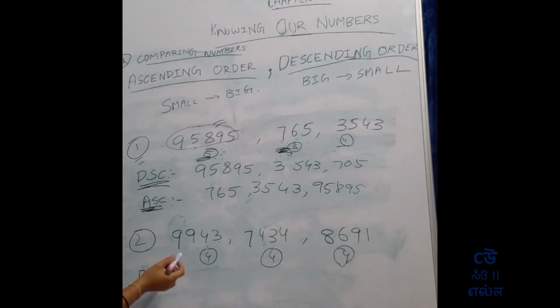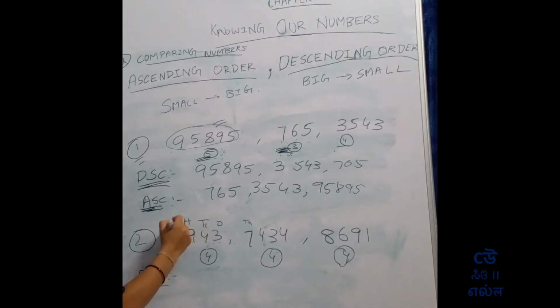So we have an equal number of digits. Then how do we find which number is greater? That is easy. You know the place value chart, no? You have learned it in previous classes. We have 4 digits, so we write from the left: thousands, hundreds, tens and ones.